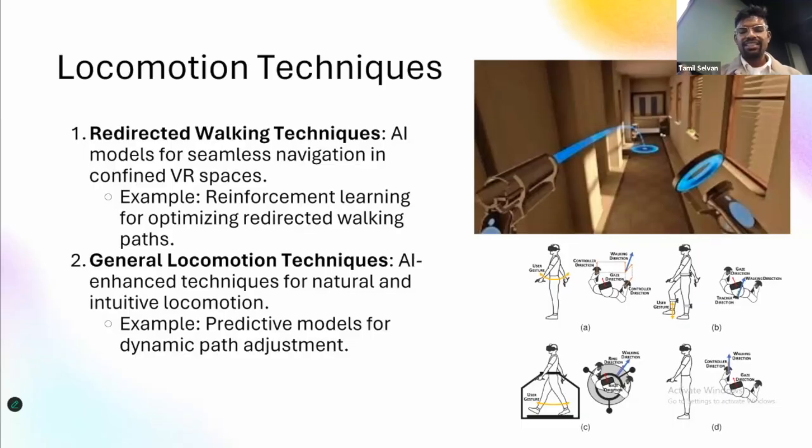And the second one is predictive models. How users walk during their sessions can be used to understand their behavior and adjust the whole environment based on that.